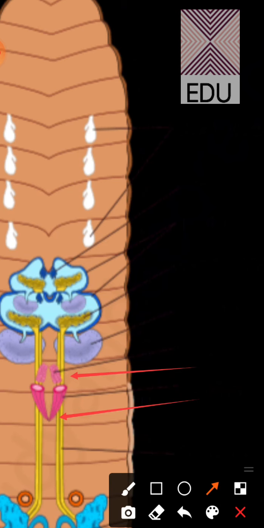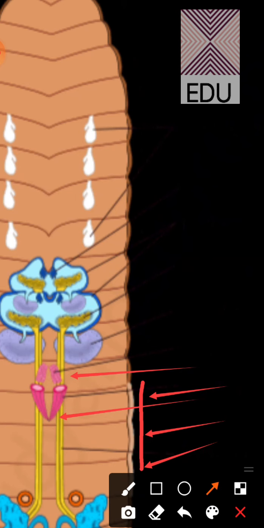If you remember, 14, 15 and 16, that was the clitellar part, and in the 14th segment you have the female genital pore. So here you can see that this whole part is the clitellar part. So this is segment number 14, this is segment number 15, and this is segment number 16.